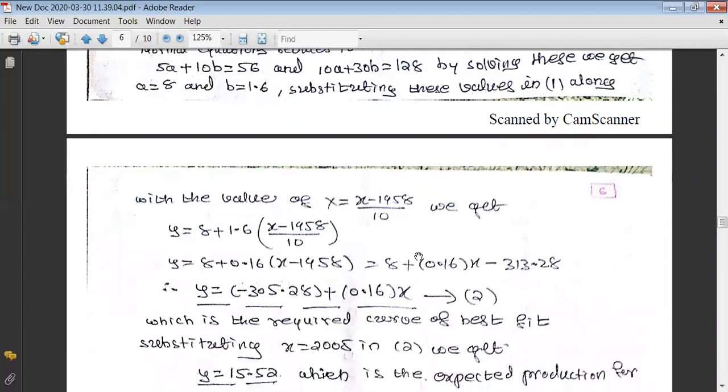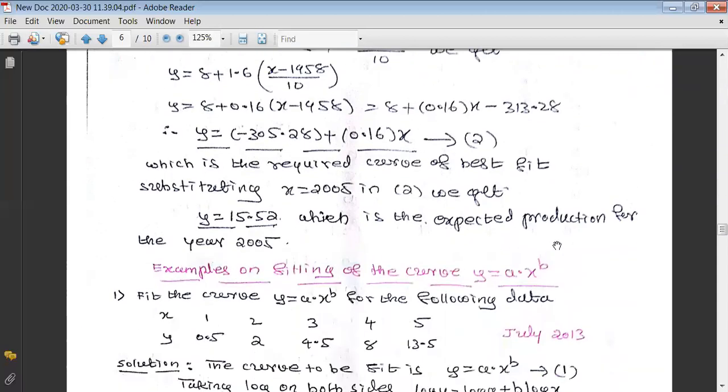Okay, then equation 1 becomes, that is y equal to 8 plus 1.6 into capital X, but capital X value is small x minus 1958 divided by 10. Once you divide this 1.6 by 10, it leads to 0.16. Once you multiply and simplify, we get y equal to minus 305.28 plus 0.16 into x as the required curve of best fit.